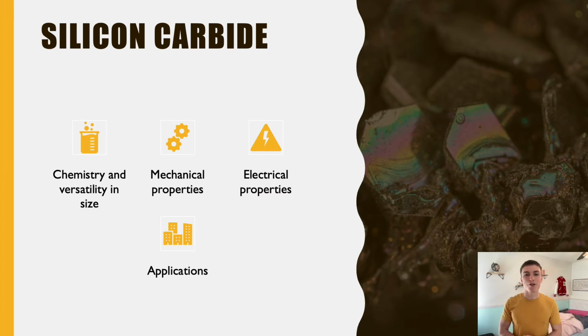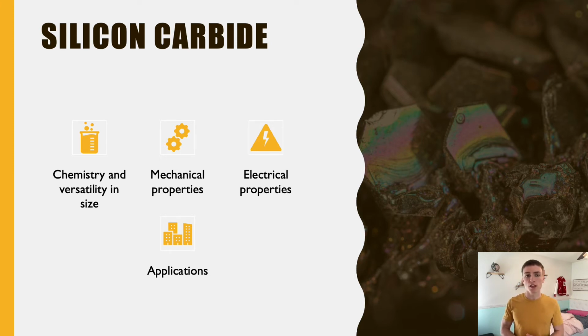The next nanoparticle carbide that we'll go over is silicon carbide. So silicon carbide has a very versatile surface chemistry. It can fluoresce from the ultraviolet to the near-infrared spectral range, and its size can be tuned from 1 to hundreds of nanometers. So very versatile with the chemistry that we can do with it.